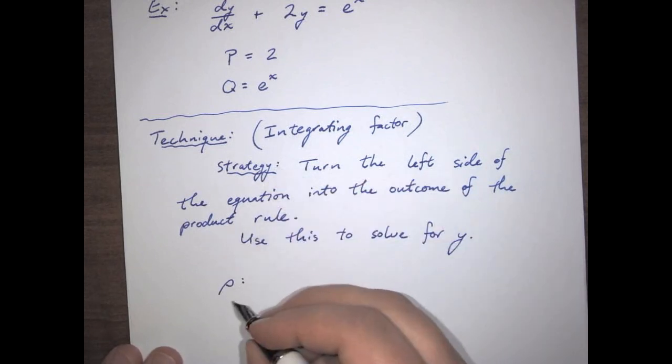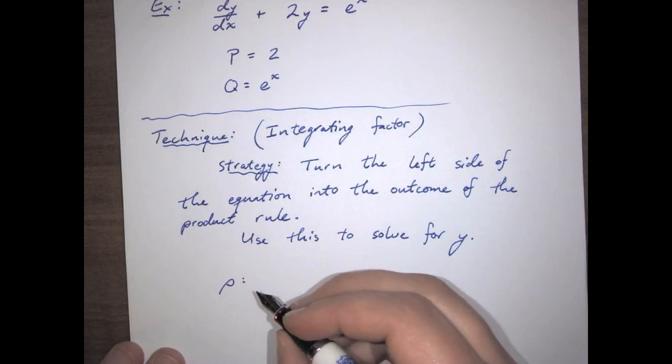Don't mistake it for a p. It's the Greek letter rho, the equivalent of our letter r.